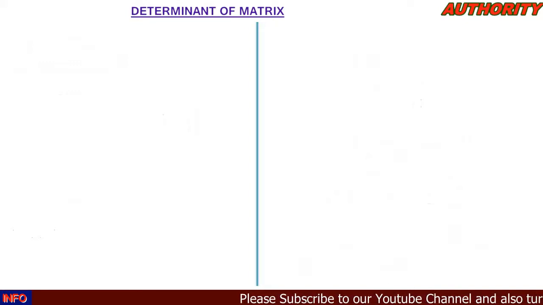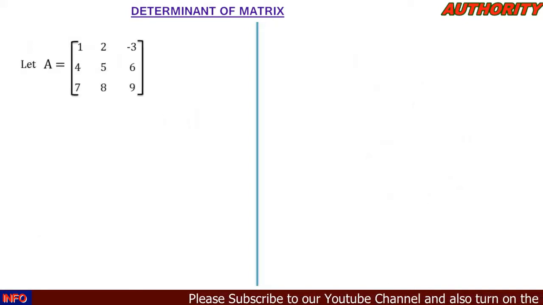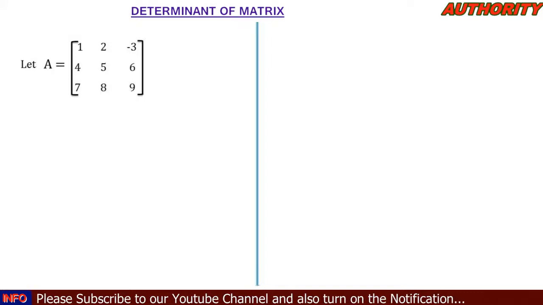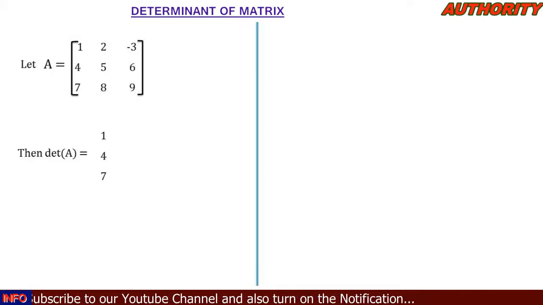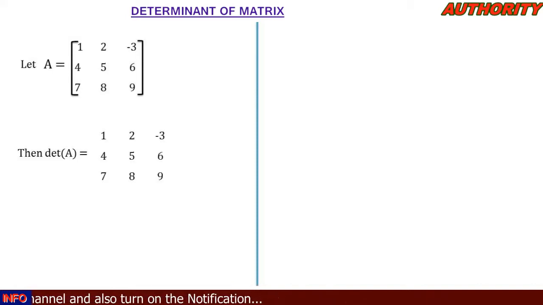Let matrix A equal 1, 2, minus 3, 4, 5, 6, 7, 8, 9. Now we have the first column, the second column, the third column. Then we are going to rewrite the first column as the fourth column again, and also rewrite the second column as the fifth column again.